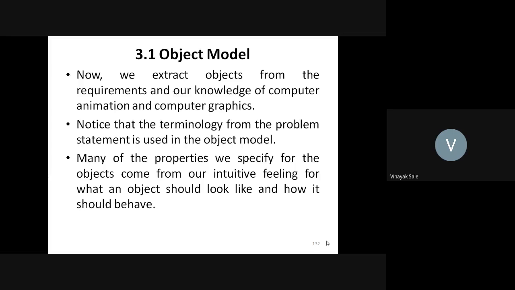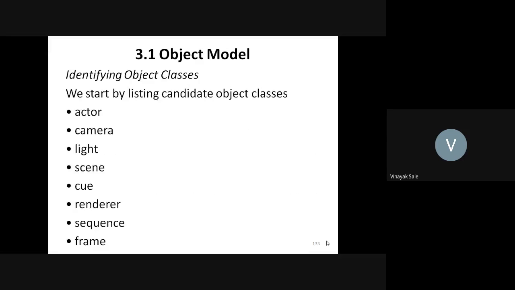Many of the properties we specify for objects come from our intuitive feeling for what an object should look like and how it should behave. So, identifying object classes in the object model, we start by listing candidate object classes.